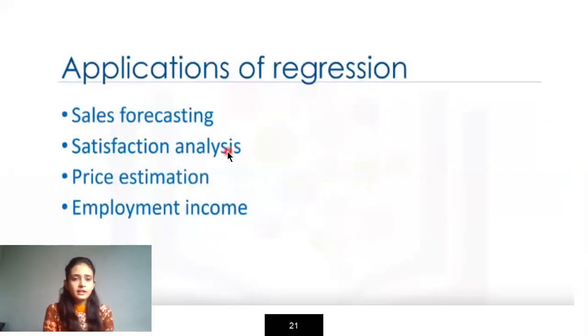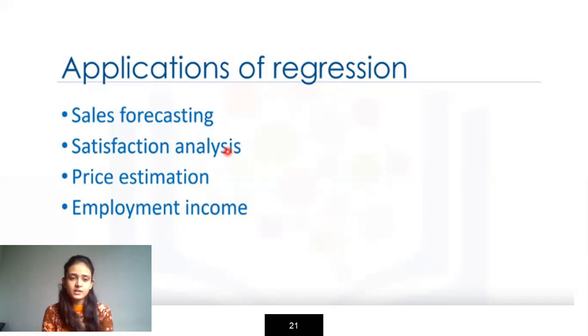So where can this regression be used? Regression can be used in sales forecasting. Suppose, based on the festivals, you want to know what your sales will be in future, then you can easily predict based on the past data. Your model will learn from the past data. Suppose I am taking the data set of the last 2 years, and according to the festivals there are lots of changes in my sales.